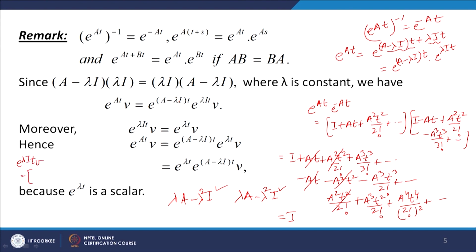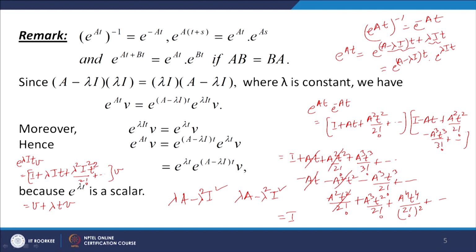This is equal to I plus lambda I t plus lambda square I square t square upon 2 factorial and so on, into b. So, what you get is b plus, I b equal to b, and then lambda t into b, I b equal to b again, then lambda square I square t square.